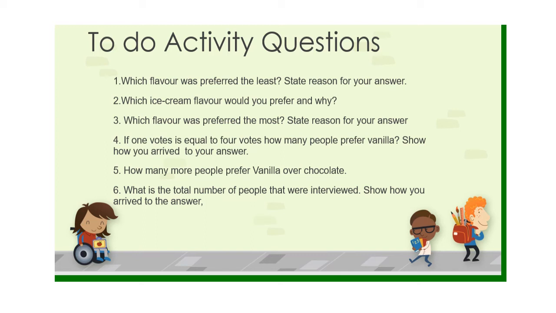And then you must also state which ice cream flavor would you prefer and why. And then you must carry on answering the other questions. So I'm going to give you a few minutes to do this activity, then we're going to move on to another activity.